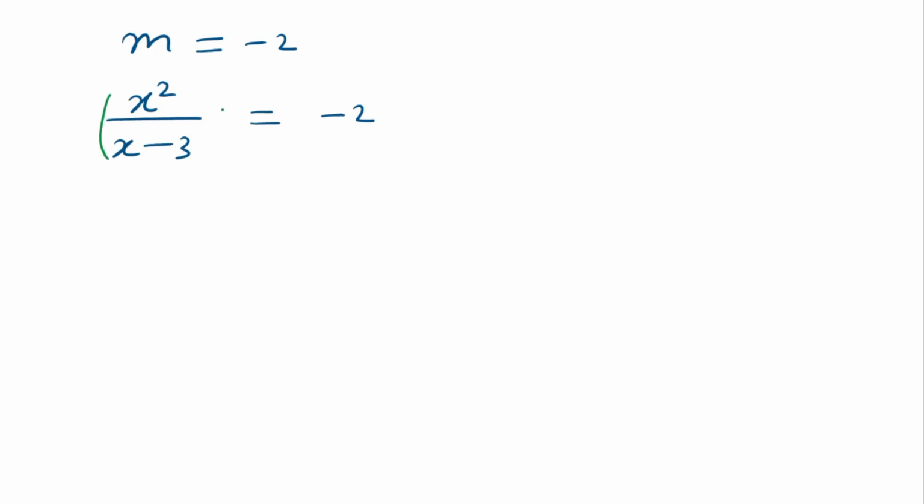Now we multiply both sides by x minus 3. In the left-hand side, this expression and this expression cancel out, then x square equals minus 2 multiplied by the bracket, then you will get minus 2 times x plus 6.